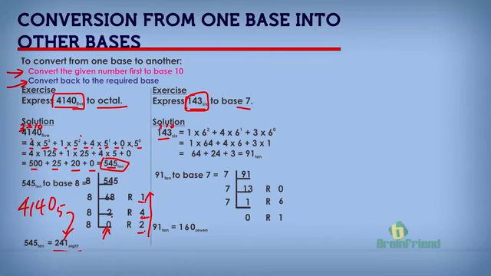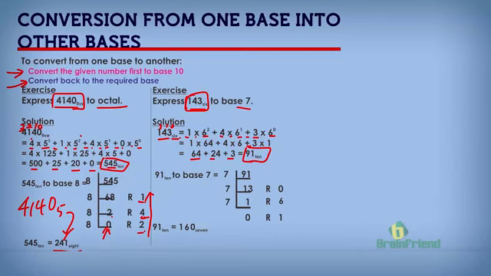We just put them down somewhere for reference sake. Now let's go ahead to expand it. We have 1 times 6, our base here, raised to power 2, plus 4 times 6 raised to power 1, plus 3 times 6 raised to power 0. All simplified to give us 36 plus 24 plus 3, 63 base 10. So 143 base 6 is 63 base 10.